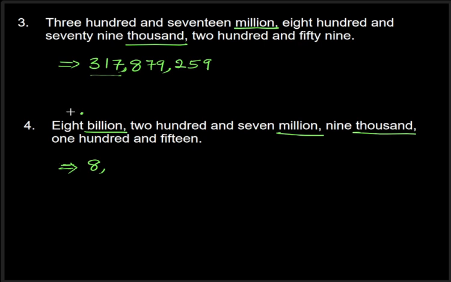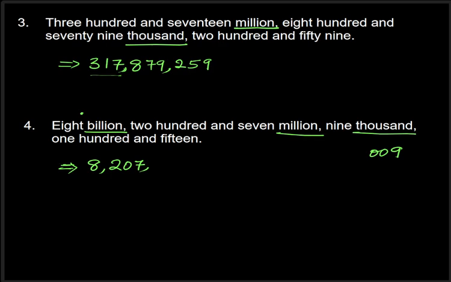So let's see. 207 million, okay? 9,000. Now look at this. This is how you write 9, but we need this 9 to be 3 digits. So what do we do? 0, 0. Don't put the 0 after the number. If you put it after the number, that means you've changed the number.